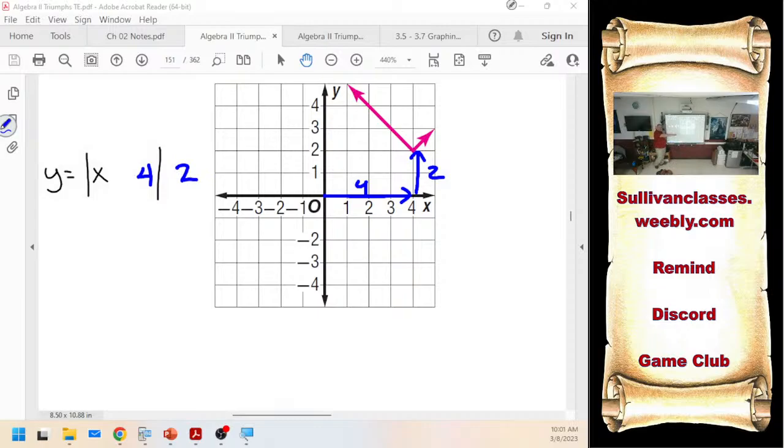Outside the grouping, it's regular land. If I went up 2, I put +2. Inside the grouping is bass-backwards land. If I went right 4, I say -4. We should be able to construct the equation too, as long as we got that cheater written down.